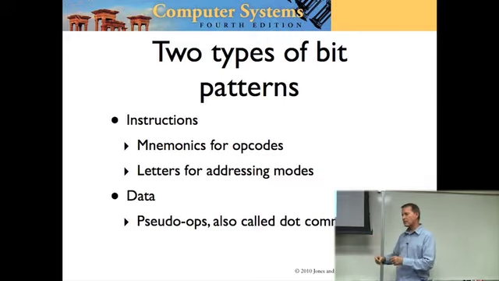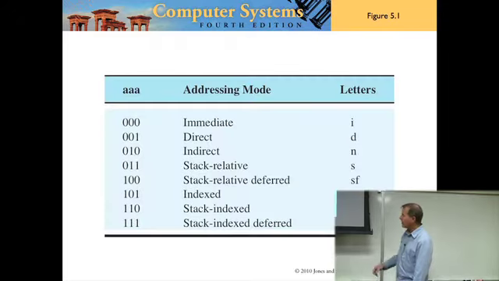They would write all their programs like that, and then they would turn it over to a clerk at a lower pay grade, because it doesn't take as much skill to do. It's a clerical activity. You just look up the table, it's kind of repetitive, and you translate it to the binary, and then that binary can be loaded in the computer. Is everybody clear on that? Okay, so let's take a look first at the instructions.